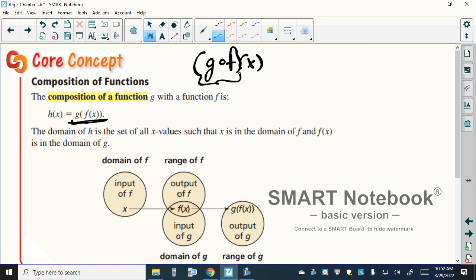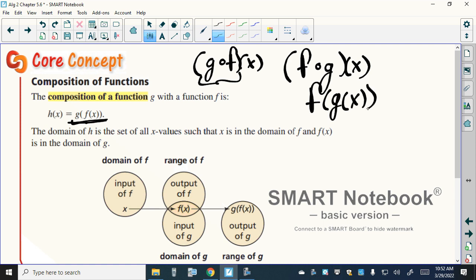And we talk about fog, which is f of g of x. Again, it looks like fog. And goff is our g of f of x.